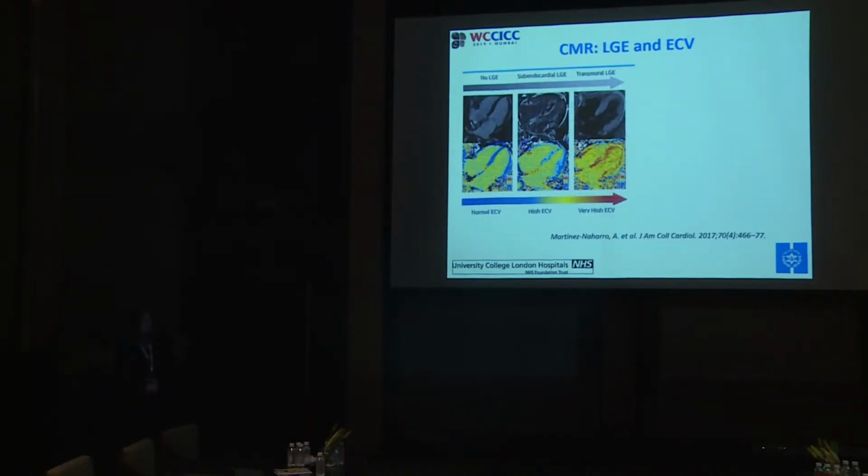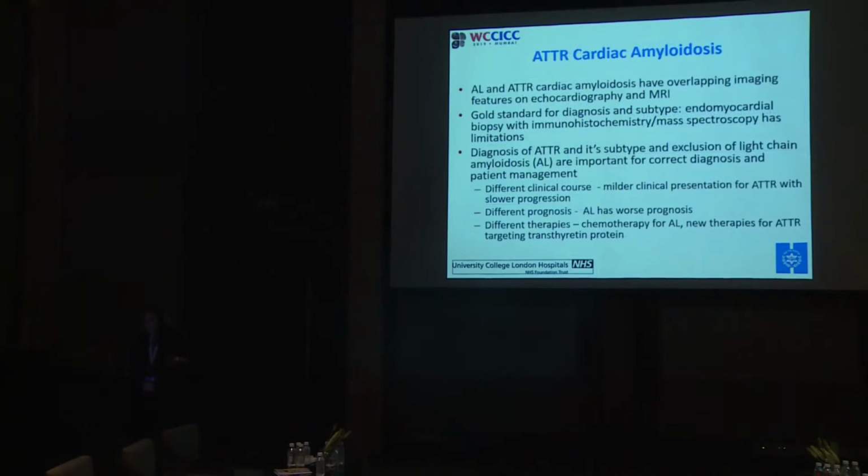And here is an example from this manuscript that shows that there is a relationship between late gadolinium enhancement and high extracellular volume. They correlate very well. And extracellular volume has been shown also to independently correlate with mortality in ATTR.